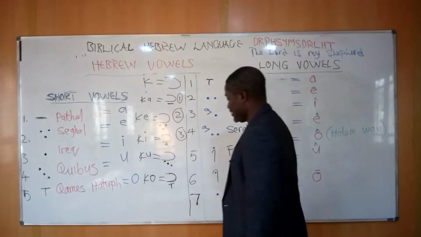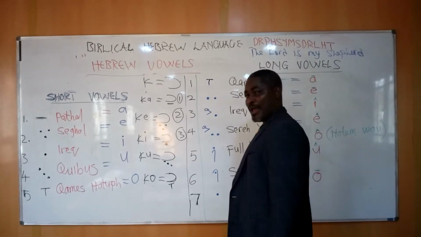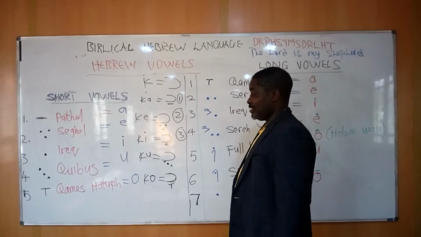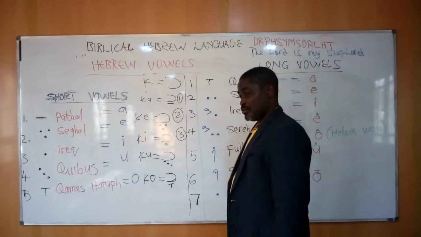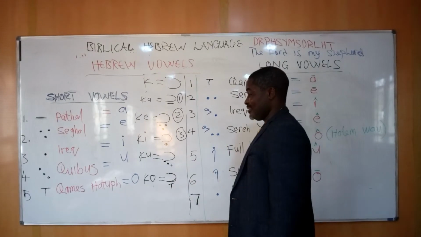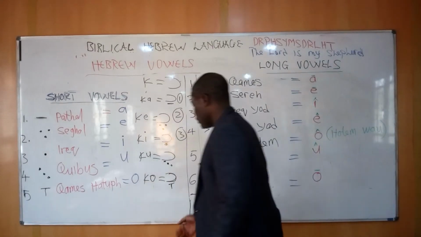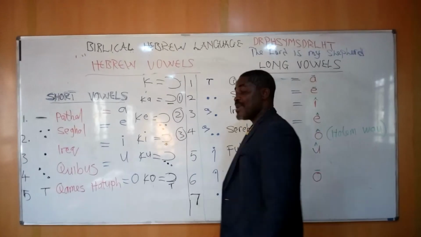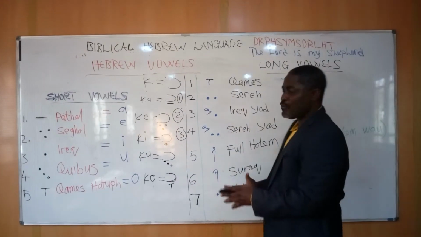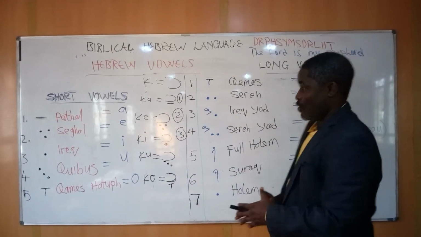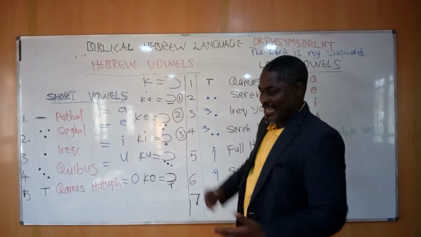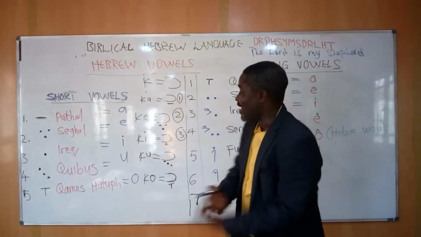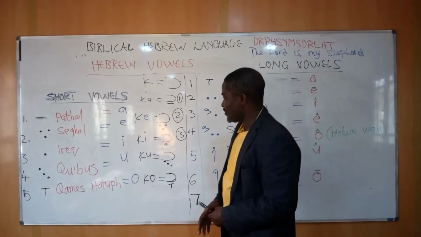The kaf is the primary letter, then the vowel kibbutz, which is a U, stays under. Then you have ko. You write kaf, then the kamets stays under. So when we talk about vowels, especially short vowels, they stay under the consonants.